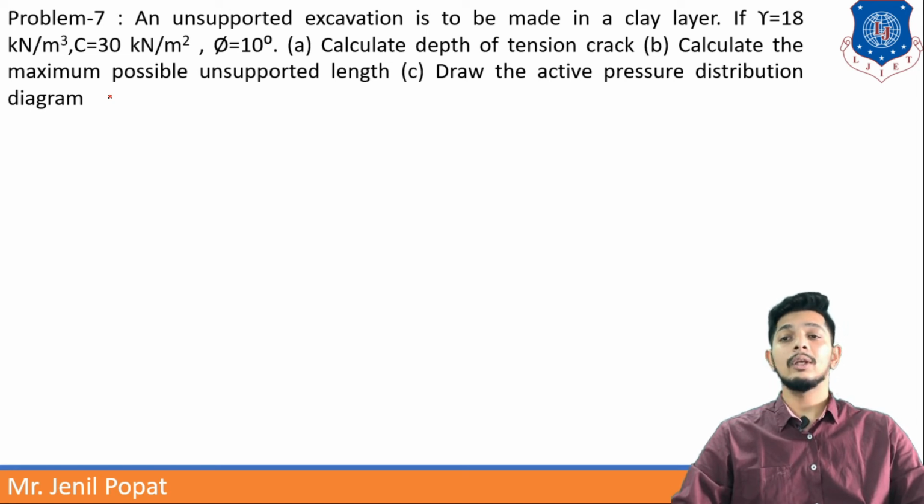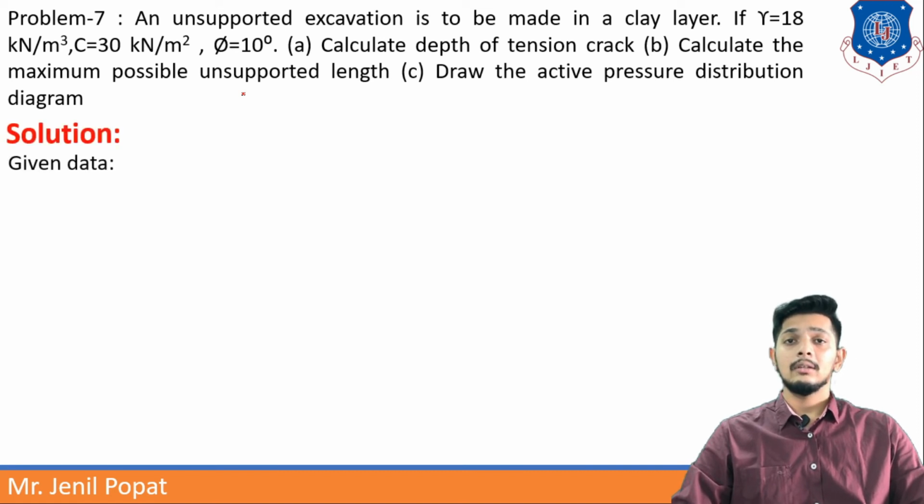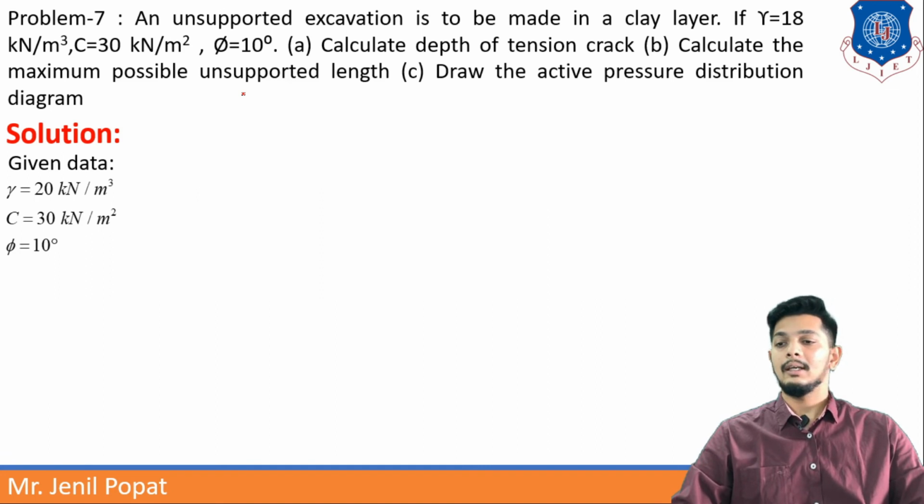Here C is given and phi is given, so it is a case of cohesive soil, and it is a case of active earth pressure because I am being told to find out active pressure distribution, right? So let us write given data: gamma 18, C 30 and phi as 10.